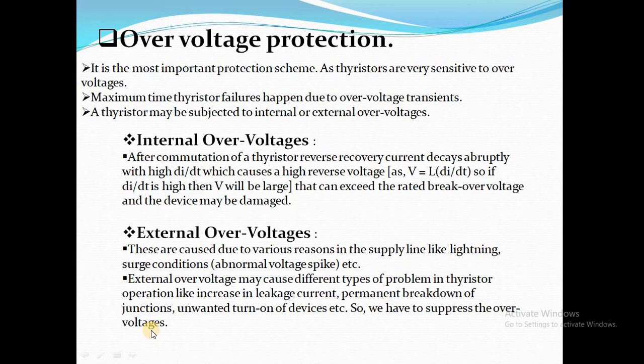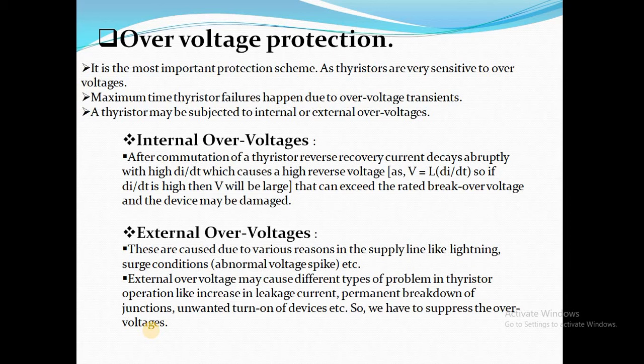Due to this external overvoltage condition, the SCR junction may break down permanently, or there is a flow of leakage current. This leakage current is not useful for any practical application, but it may damage the junction of the SCRs here, or other unwanted devices may turn on, because the voltage value may increase beyond the ratings.